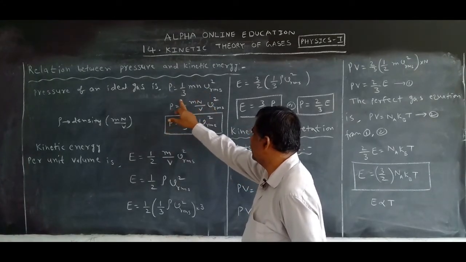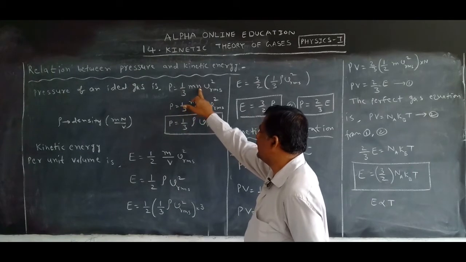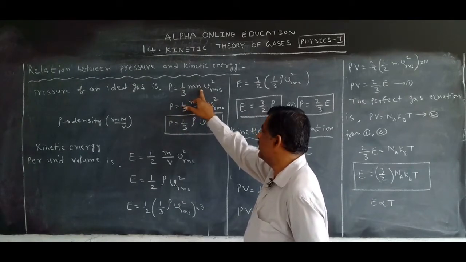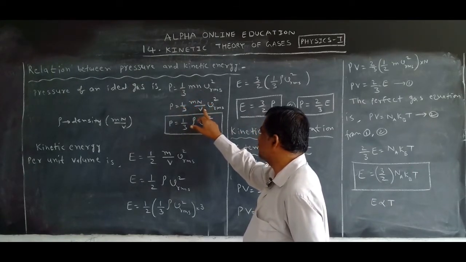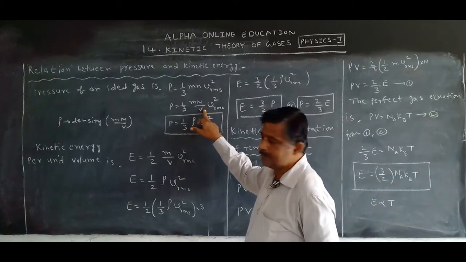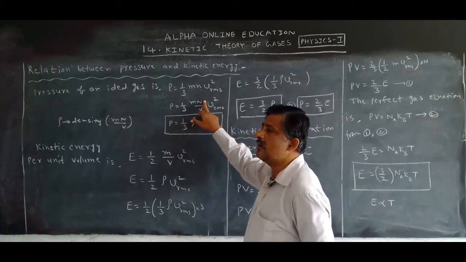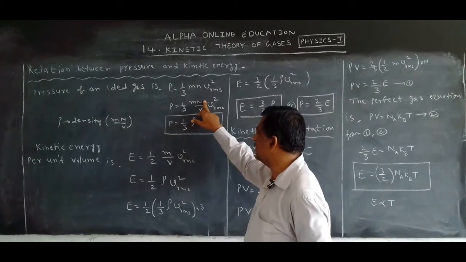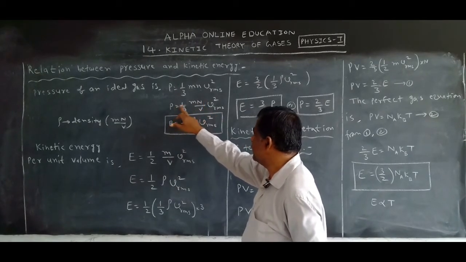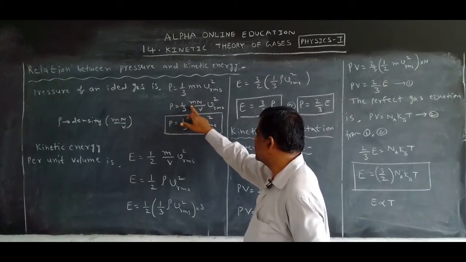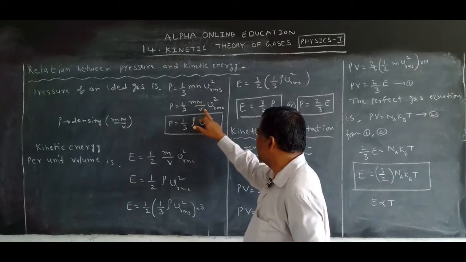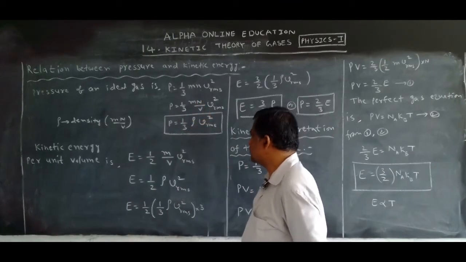Now, how can we take small n, capital N by V? V is the volume. N is all the particles in the container. So P is equal to 1 by 3 small m capital N by capital V V RMS square.